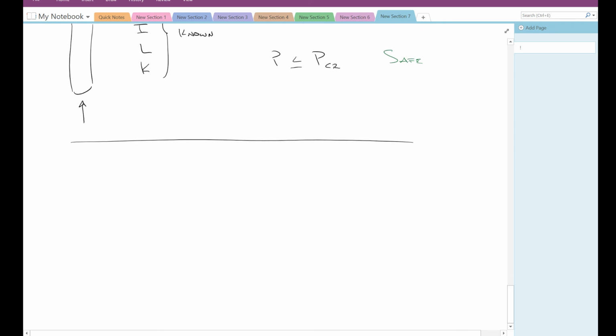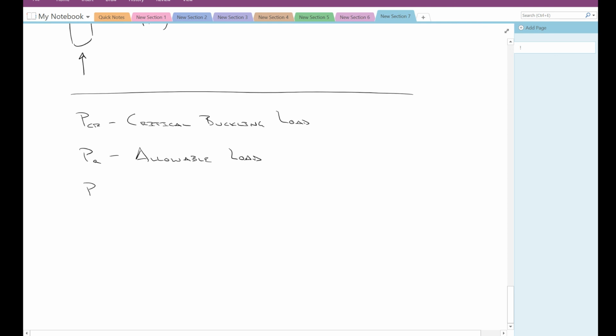So some terms that we want to consider are critical load, or critical buckling load, PA for allowable load, and we'll just use a generic P for our actual or applied load, and we'll use N, as we looked at in section 5-9, as our design factor.